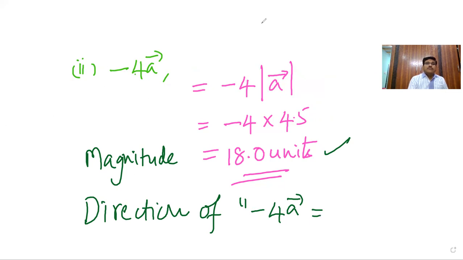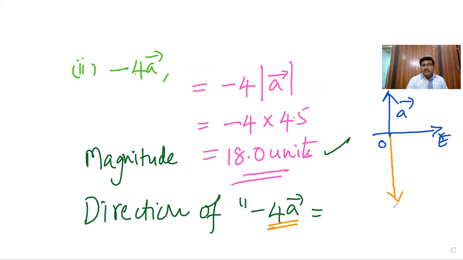okay, now observe. This was direction of A bar, north. This is the x-axis, this is the east. Now direction of the minus 4A is reverse, towards south.